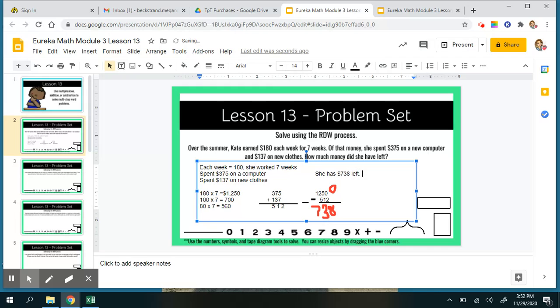We had to do some addition, we had to do some multiplication, and some subtraction. So some of these problems that you guys work on, you're going to have to do all the operations, okay? And down here, these are just the click and drag numbers. You can set up your tape diagrams if you want to show your picture. But like I said, sometimes it's easier just to make your text box and do the typing in there.